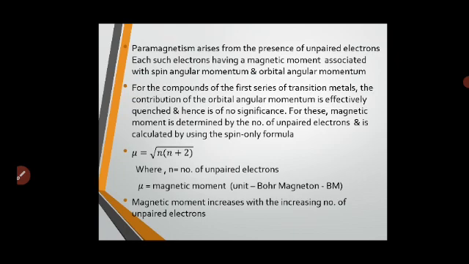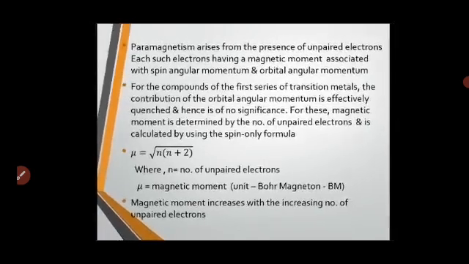In the first sentence I told you paramagnetism arises from the presence of unpaired electrons, and each such electron has a magnetic moment associated with spin angular momentum and orbital angular momentum. What is this spin angular momentum? We know that the electrons in the atom are always moving around the nucleus.